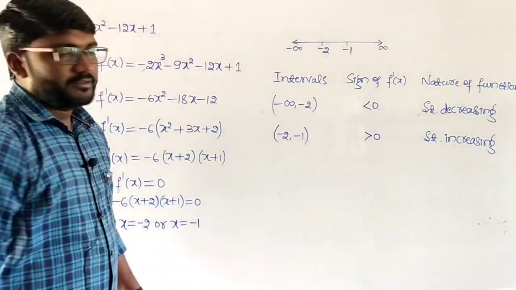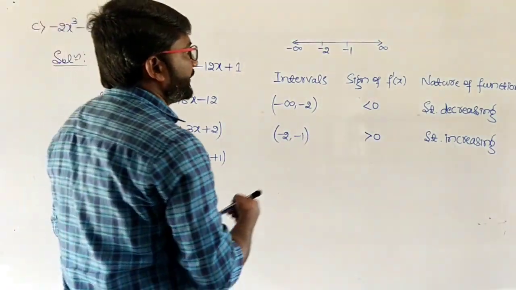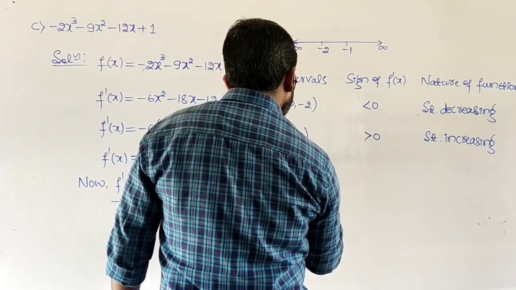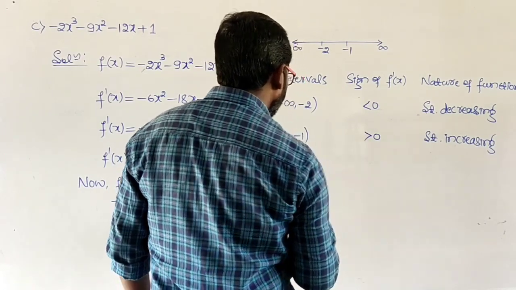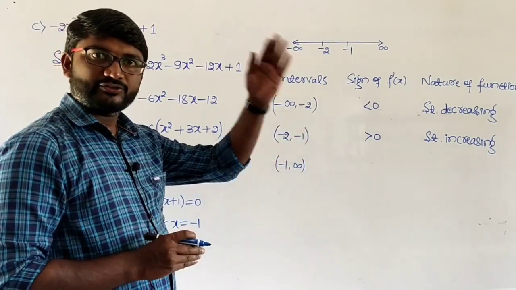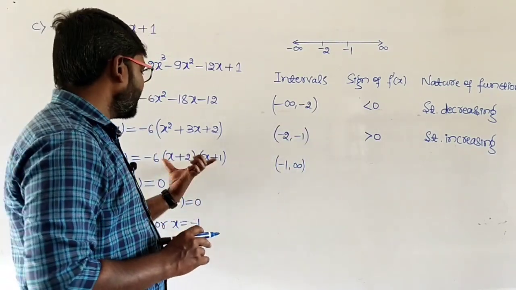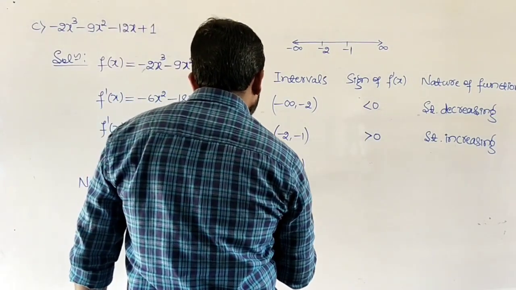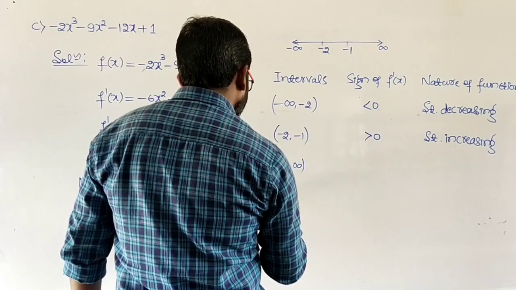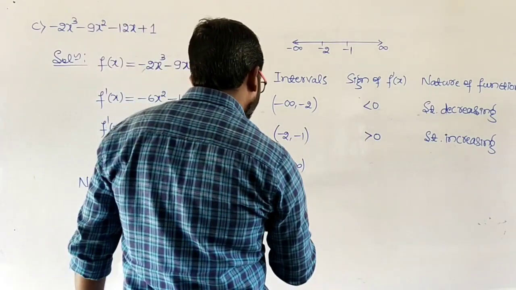So now we'll take the last interval, that is minus 1 comma infinity. You have to leave the endpoints, take in between values. So you can take 0, plus 1, plus 2 and so on. So let me take 0 and analyze. Minus 6, and then 0 plus 2 is 2, and then 0 plus 1 is 1.